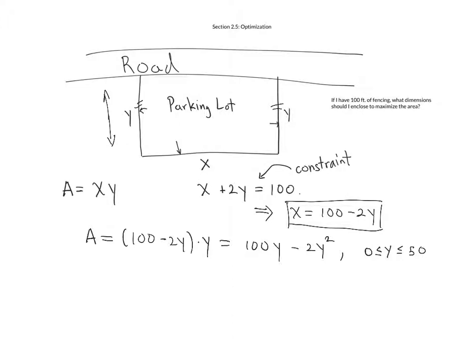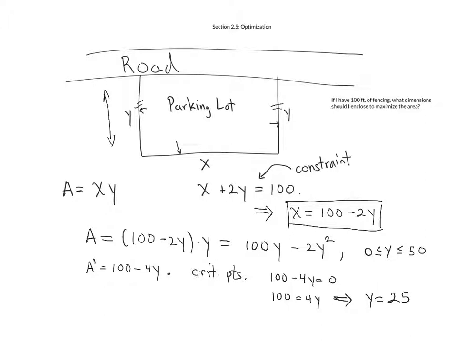Here comes the derivative. So I've differentiated this and gotten 100 minus 4y, and I'm looking now for critical points. And that means I set A prime equal to 0. So 100 minus 4y equals 0. And I move the 4y over, and I get 100 equals 4y, or y is equal to 25.